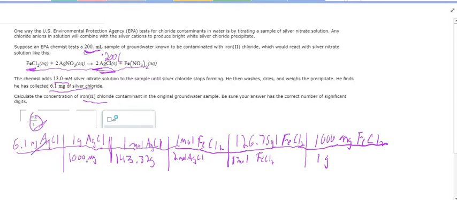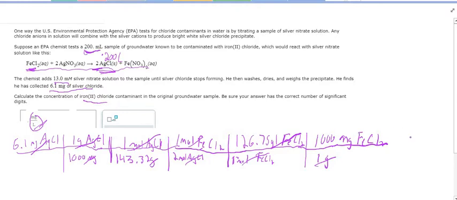Milligrams cancel, that's a true statement. Are there 143.32 grams in 1 mole? There are, that's a true statement, and units cancel. Moles of iron 2 chloride will cancel, and those are true statements. And finally, grams will cancel. So I'm left with milligrams of iron 2 chloride.